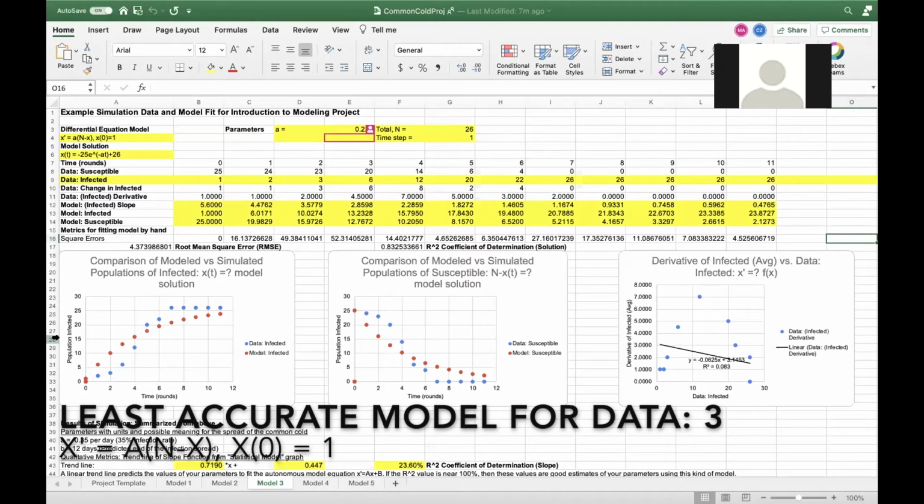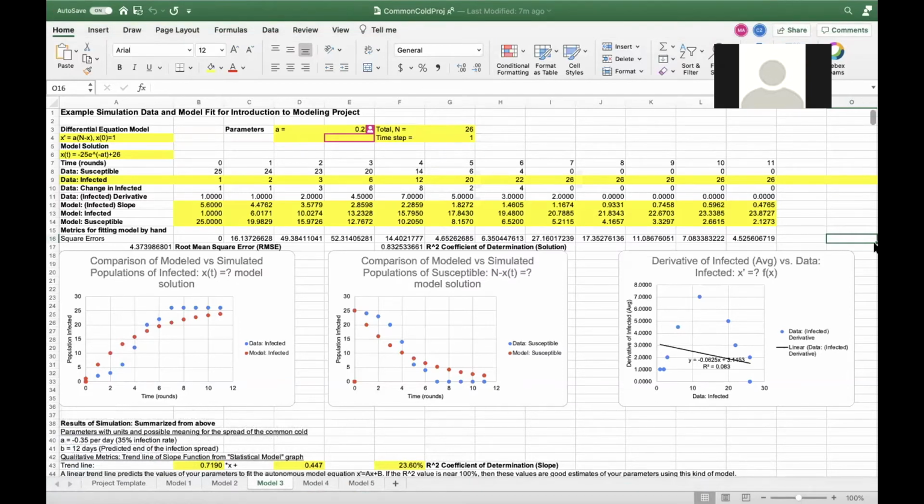First of all, the differential equation was linear, and the derivative of infected was clearly not linear. It was a parabolic shape. Second of all, there's only one equilibrium point for the model, and it is at x equals 26, while our data clearly has two equilibrium points at 0 and 26.